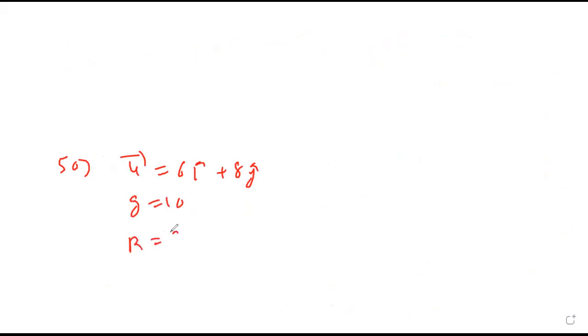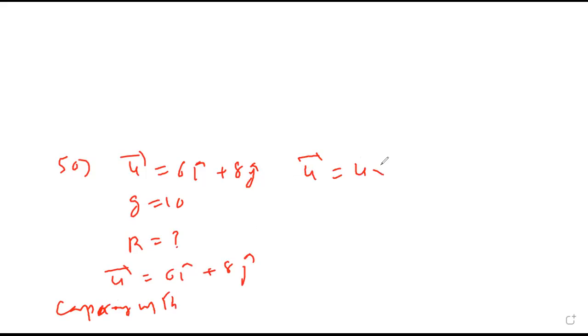Find the horizontal range. Now, whenever they give you something in values, compare it with u bar equals ux i cap plus uy j cap. The x component is 6, and the y component of initial velocity is 8.